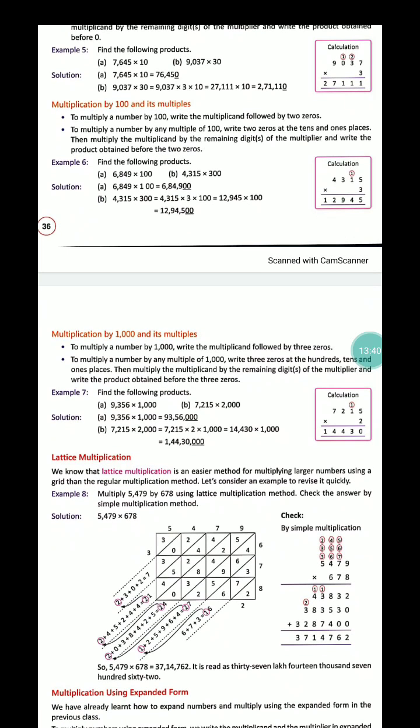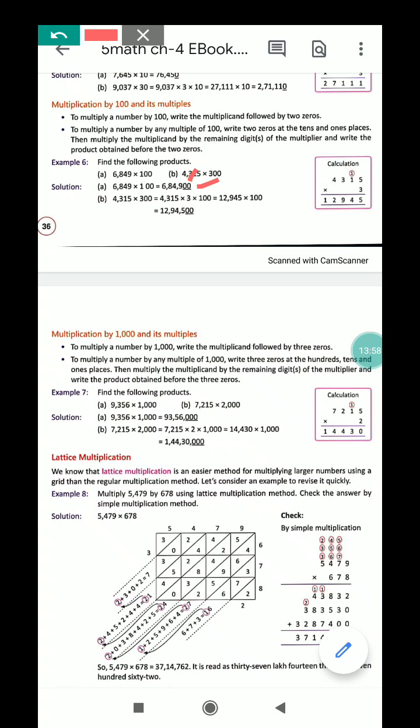First of all, example number 6, find the following products: A, 6,849 multiplied by 100, and B, 4,315 into 300. So what we have done, we have written 2 zeros over here, then simply multiplied and written the number.